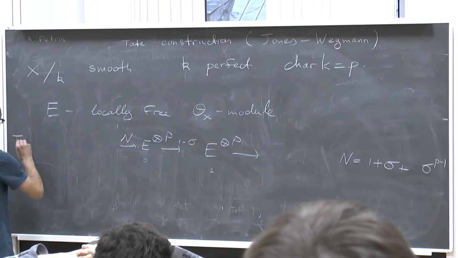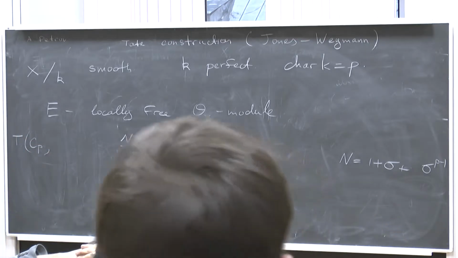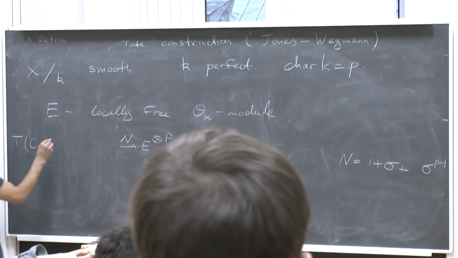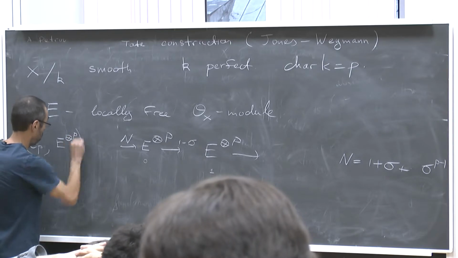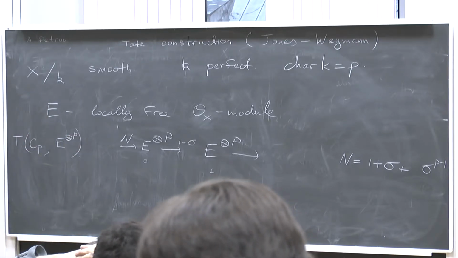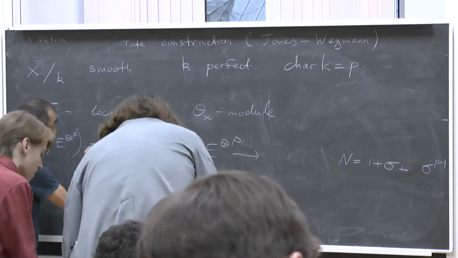So this is the notation that I'm going to use. C_p will stand for the cyclic group of order p. So that's the definition.